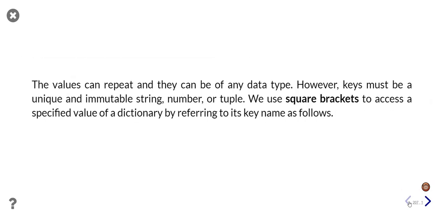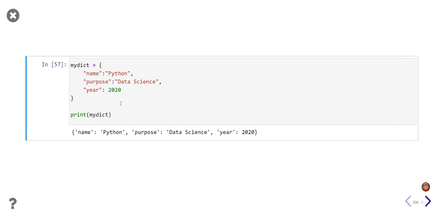We have created our own dictionary. This is something similar to what we learned in the switch. You write the name of the dictionary equals curly brackets, and inside you have the key-value pairs. When you print, you get all the items within the dictionary.